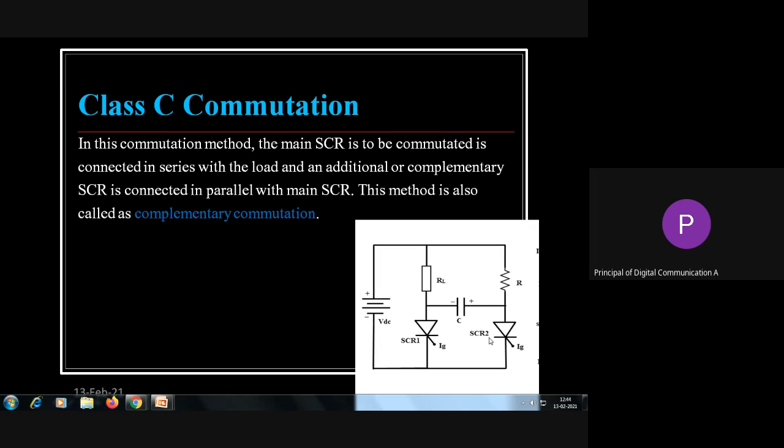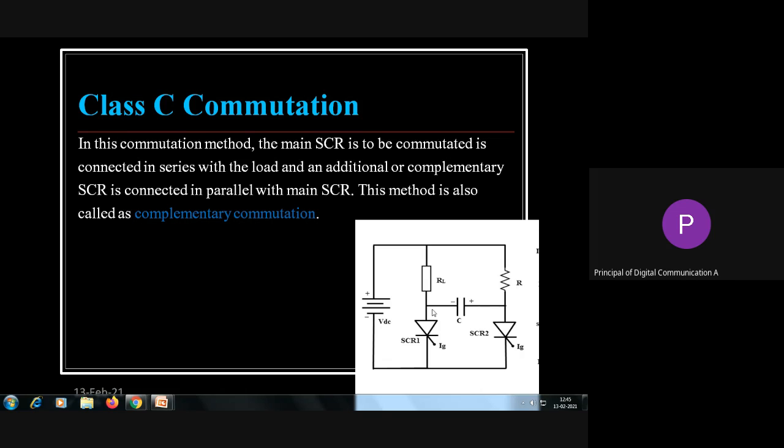So different names are there for such a situation, but here the most popular is the complementary SCR. It's connected in parallel with the main SCR. So here SCR2 is a complementary SCR which is connected in parallel with the SCR1.